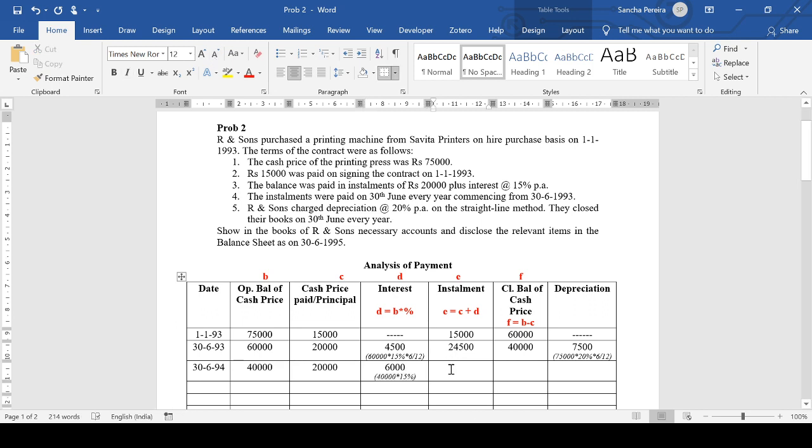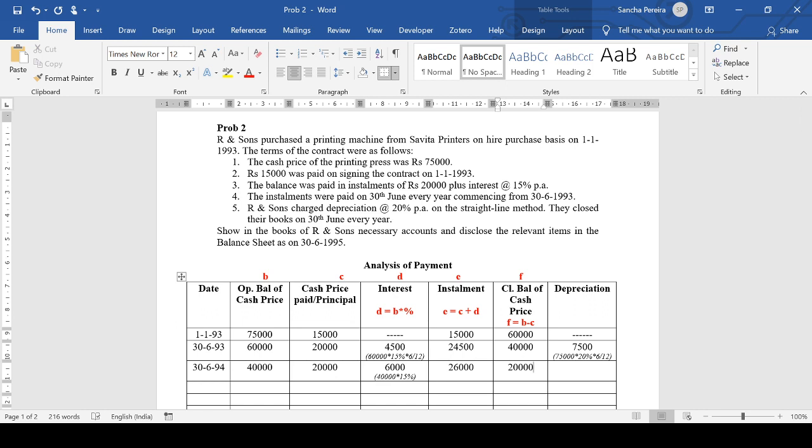So how will we get the installment? The cash price paid 20,000 plus interest 6,000 will give me 26,000. And the closing balance of cash price will be opening balance minus what I have paid. That is going to be 20,000.